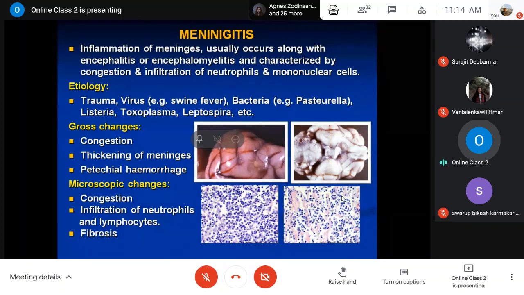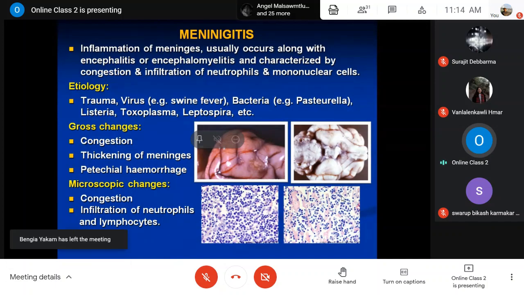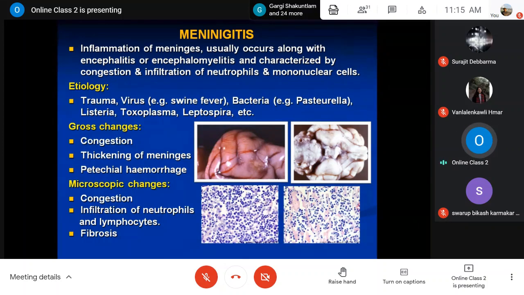As we have already discussed, meningitis is nothing but inflammation of the meninges, which usually occurs along with brain inflammation, that is, encephalitis or encephalomyelitis.